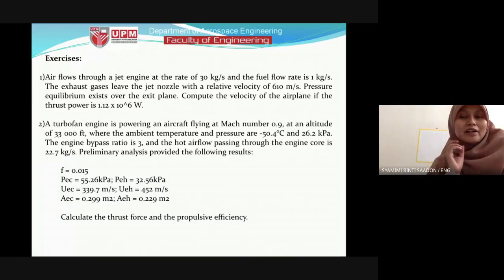And PEH is the hot exit pressure from the core engine, meaning the exit nozzle after the turbine and the nozzle.